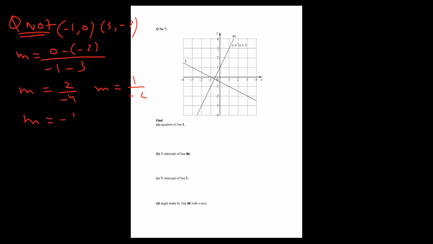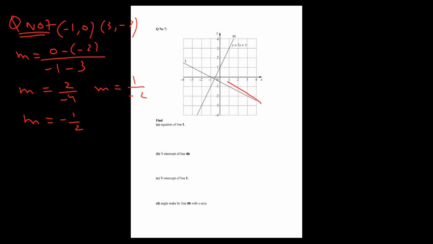First I need the gradient. There is nothing hard. y2 minus y1 over x2 minus x1. So I'm getting positive 2 by negative 4. With cancellation, I got 1 by minus 2. If you write minus half, no issue at all.